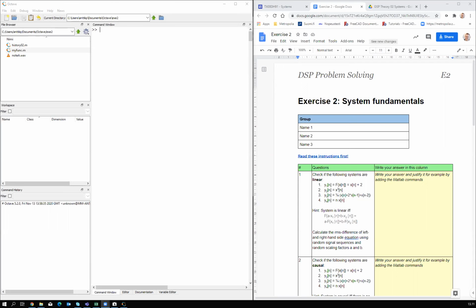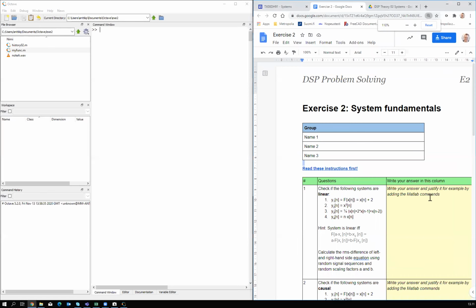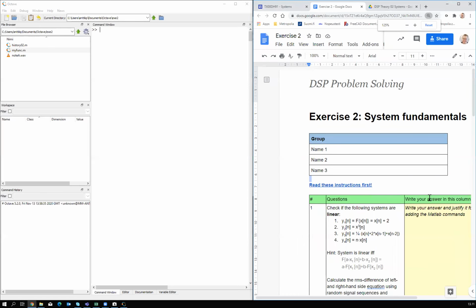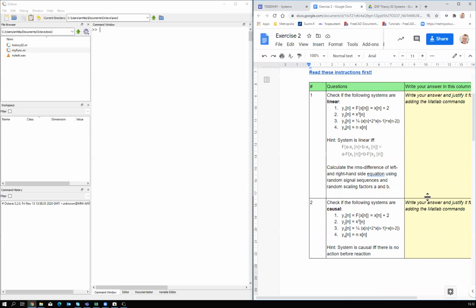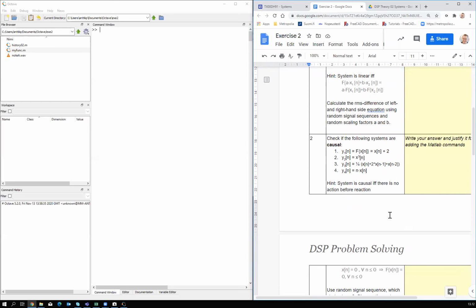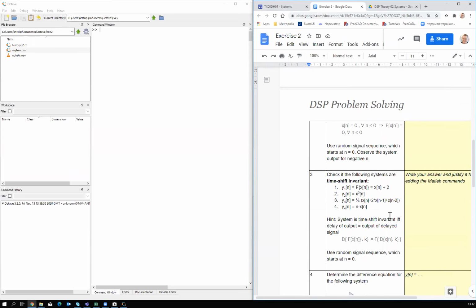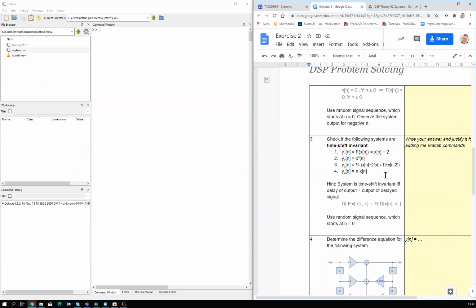Last week the exercise was the signal fundamentals, or basics of signals. On the first exercise, there are the first 3 questions about the fundamental properties, where the first one is about linearity of the system, the second one is the causality of the system, and the third one is the time shift invariance of the system.